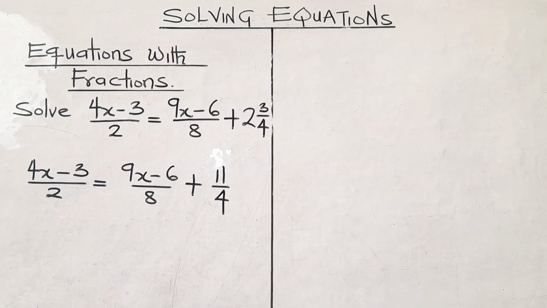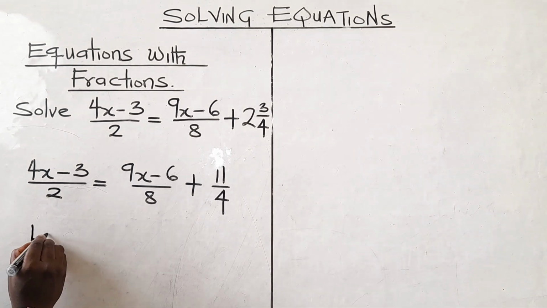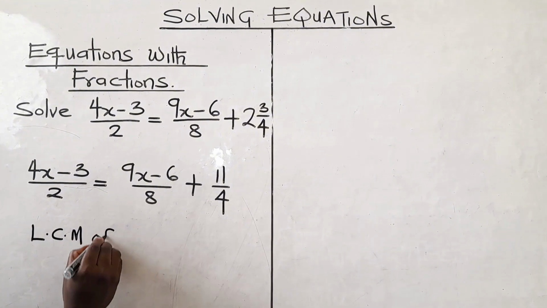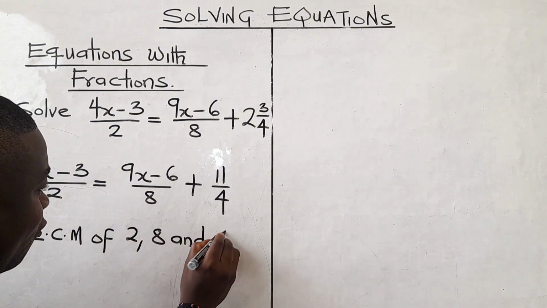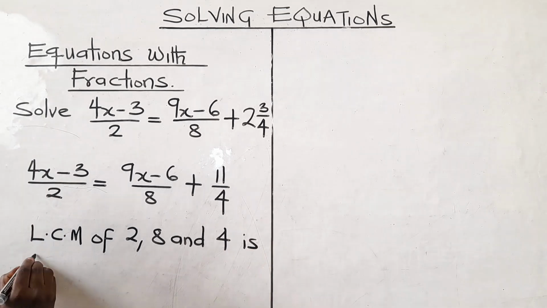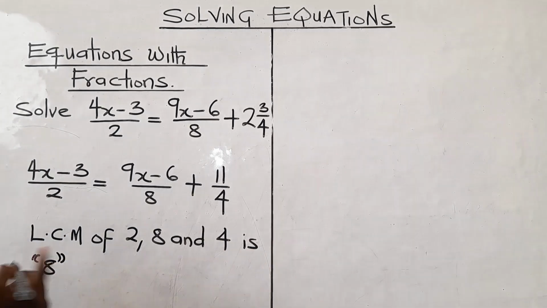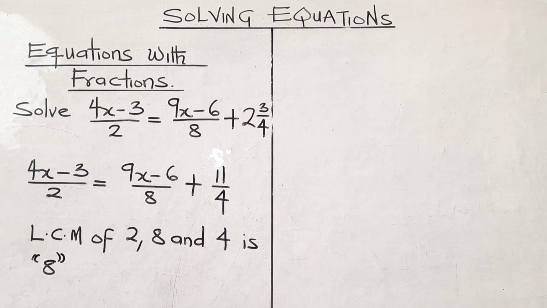First step. Now remember the rule we said last. We are going to multiply everything by the LCM of the denominator. The LCM of 2, 8, and 4 is 8. You can try that, check if it is correct. So we are going to multiply everything by 8.